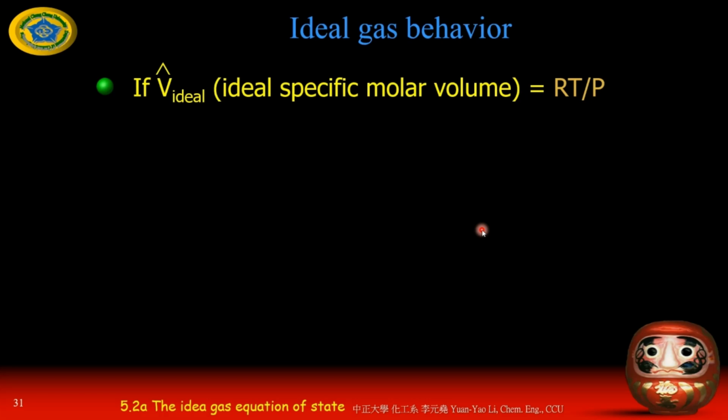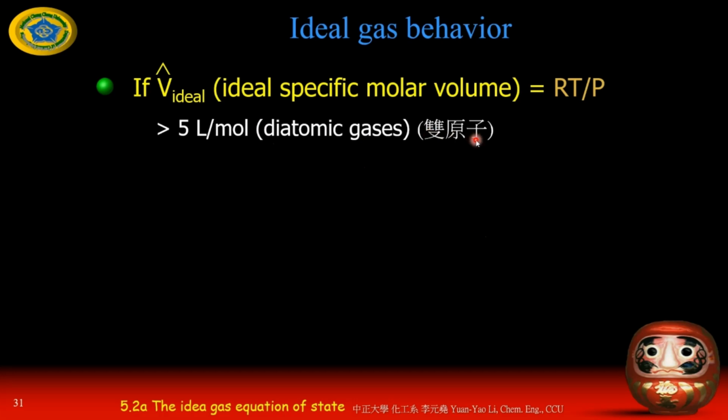If you get an answer and the ideal V over n equals RT divided by P, and the container contains diatomic gases, like oxygen or nitrogen, not argon or helium, and the ideal V over n is larger than 5 liters per mole, this is regarded as ideal gas behavior. For other molecules, like ammonia or methanol vapor, if the ideal V over n is more than 20 liters per mole, it can be regarded as ideal gas behavior.